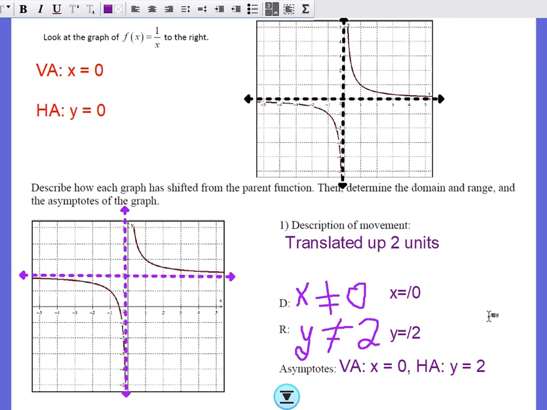That is going to be the same thing as x does not equal 0 and y does not equal 2. Please note that for the purposes of what we're doing here, these are the same. Okay? So that is number 1.